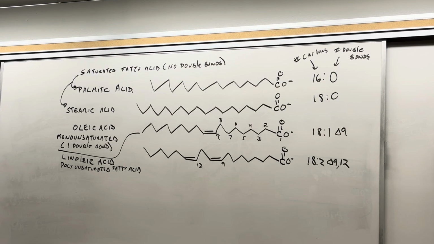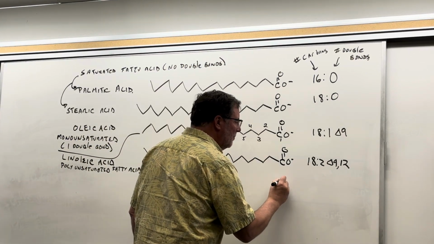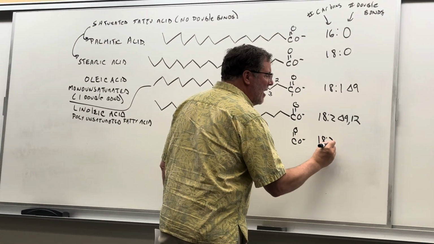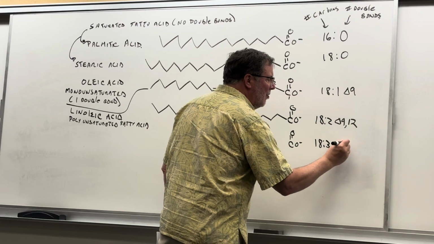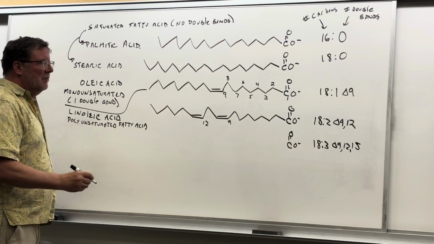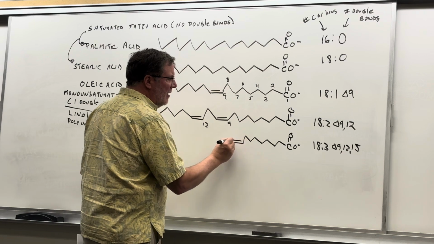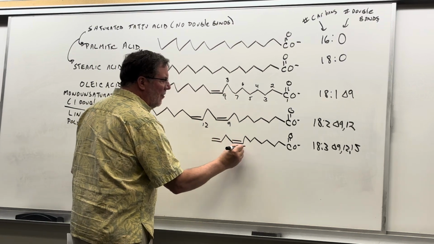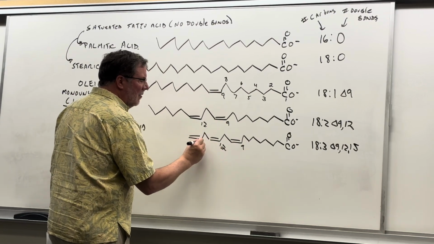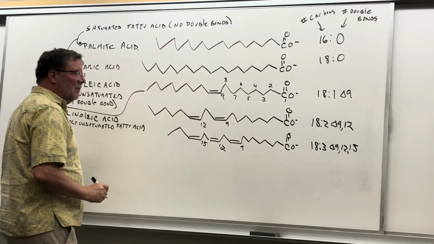All right, we're going to keep going in complexity here. We're going to add one more double bond. And this we're going to write 18:3, delta 9, 12, 15. So 2, 4, 6, 8, 9. 12, so this is 9, 12, and we have one more here at 15, 16, 17, 18.